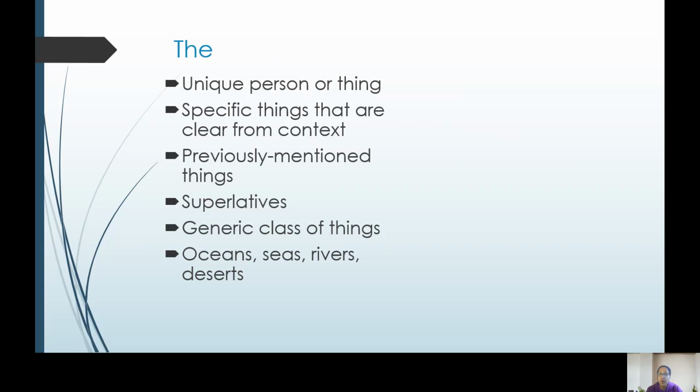We use it to talk about oceans, seas, rivers, and deserts, like the Atlantic Ocean, the China Sea, the Thames River, the Sahara Desert. We use it to talk about mountain ranges or groups of islands, like the Himalayas or the Alps, the British Isles.